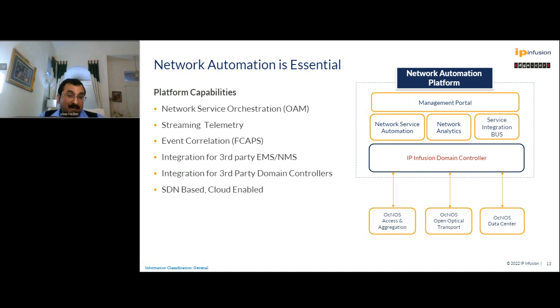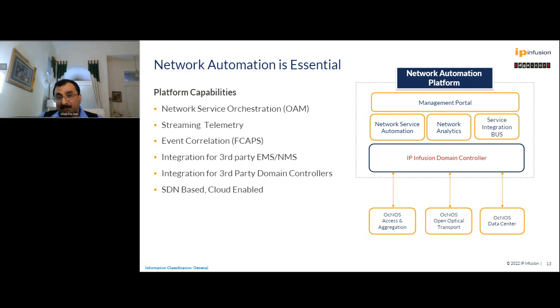Because as and when you're adding these services, you want a seamless capability so that you can start a service based on complete automation. So essentially, you need these three elements: the service automation, the network analytics, and a service bus to integrate with your existing systems that are collecting the data, because you might already have a system in place.